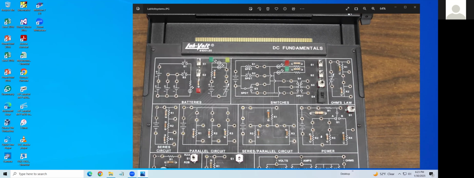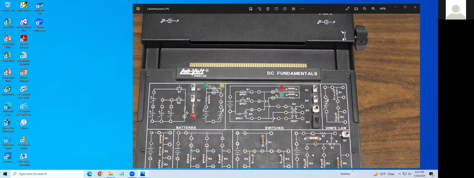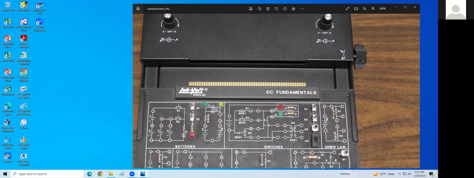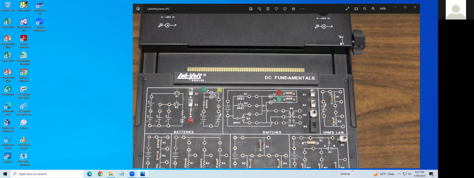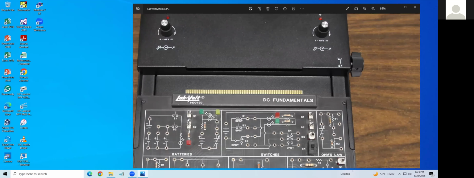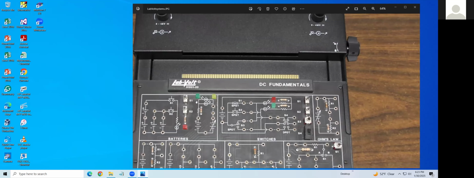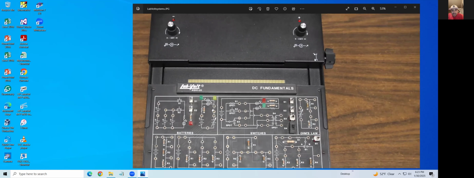First thing I can tell you: in here, they give you power right here. This is the negative power. This is the positive power. They can go from 0 to 15 volts.